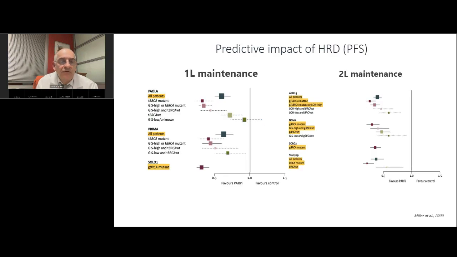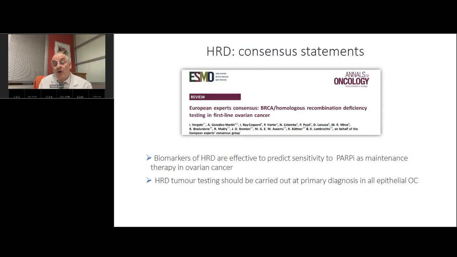Well, to summarize, in all studies available, we have benefit in the HRD subpopulation. And so the consequence of that has been stated in the HRD European consensus conducted by Ignace Vergote and published last year in Annals of Oncology.